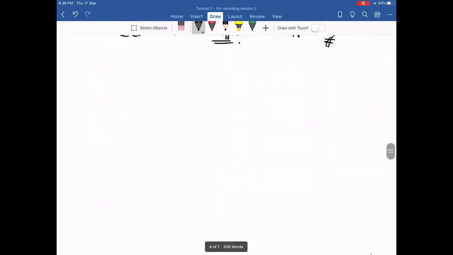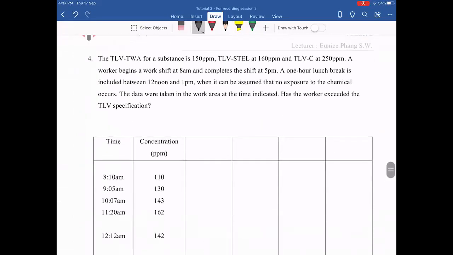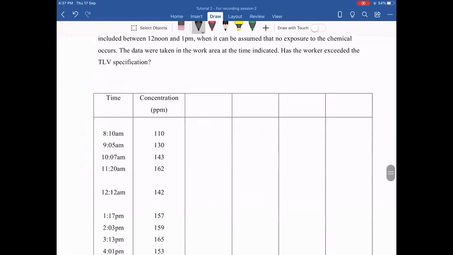However, if we have a 3-hour sit-down test in the exam hall, this is normally my question 3, part B, which consists of 15 marks. What I like to do is give you a set of data like this.